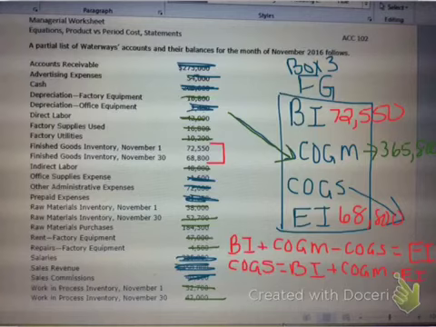So in this case, I would start out with the $72,500. I would add to that the cost of goods manufactured, which was at $365,800, and then I would subtract from that the $68,800 is what I would be looking at there.